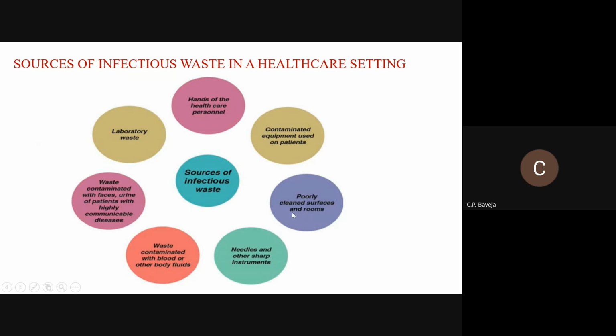Then poorly cleaned surfaces and rooms, like the room of the patient, other rooms, surfaces, floors, should be cleaned properly with some disinfectant. If these surfaces are not disinfected properly or not cleaned, then anyone touching that surface may get infection.